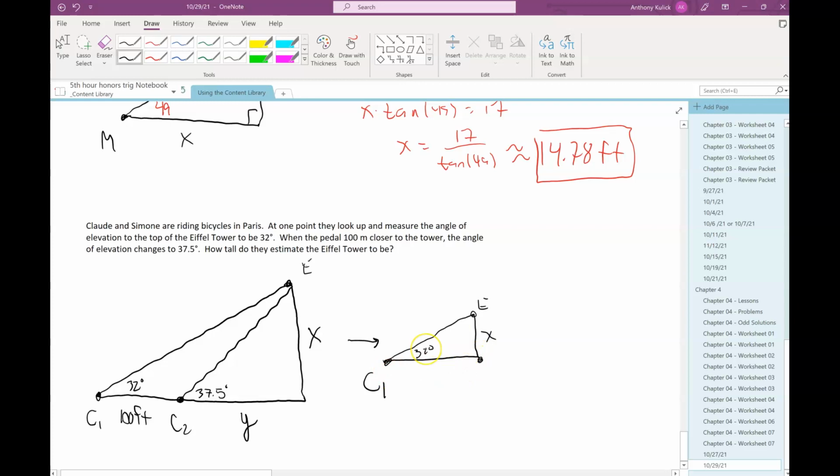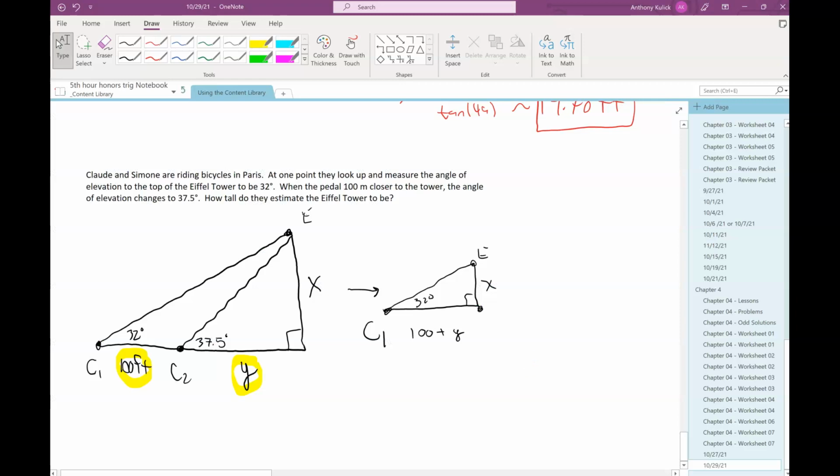So what is this side length going to be at the bottom? It's got to be 100 plus y. Everybody's okay with that?